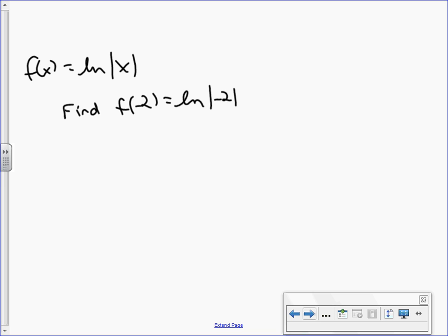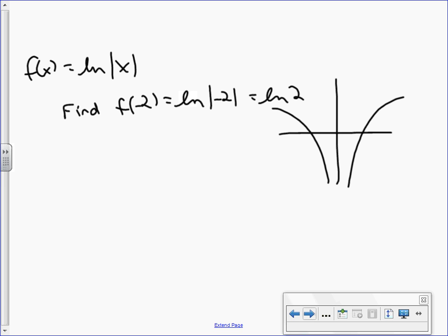I can't do the ln of -2, but the ln of the absolute value of -2 is the same thing as the ln of 2. And so what you get is this mirror image on the left side of the y-axis. So here's the original, here's the right side. You're going to get a mirror image over here. That's what happens when you put the absolute value on the x.